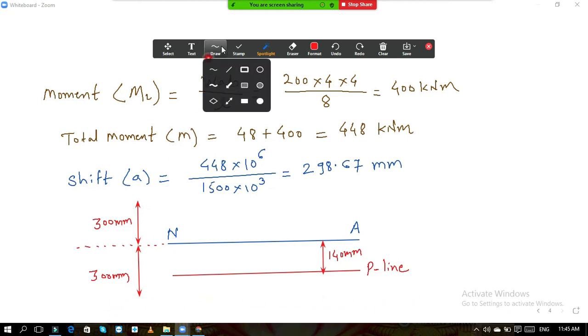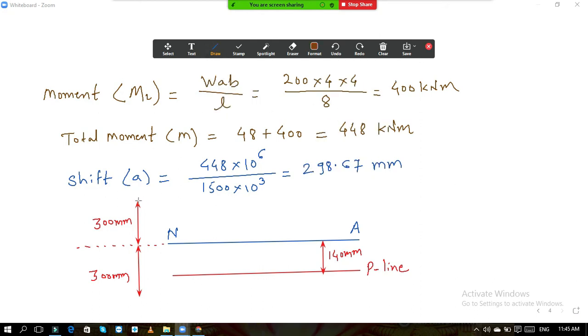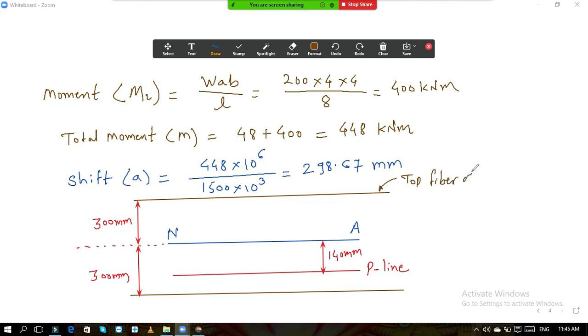Okay, so for your understanding, I will draw those lines also for the beam. See, this is the level. Here this is the top fiber of beam, that is the topmost end, and this is the bottom fiber of beam.